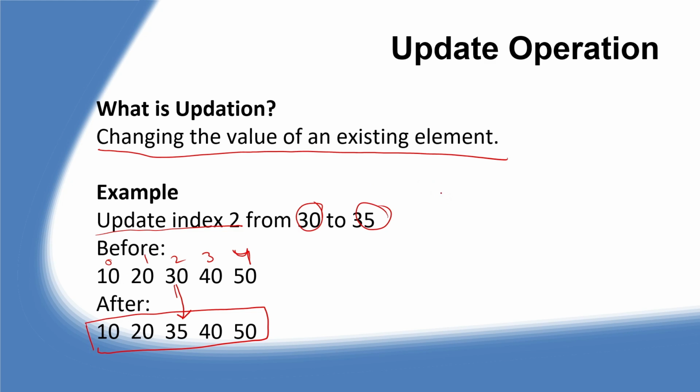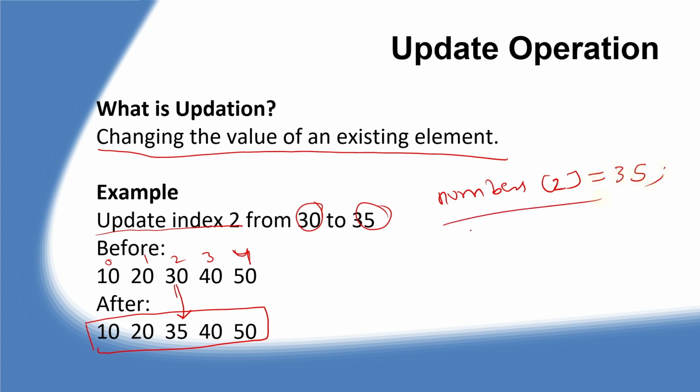Let's say we have an array called numbers. At the second index, that is index 2, we want to update the value to 35.